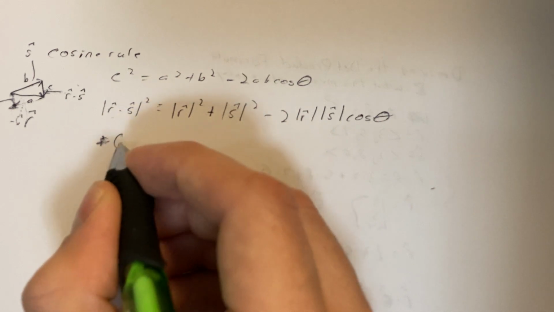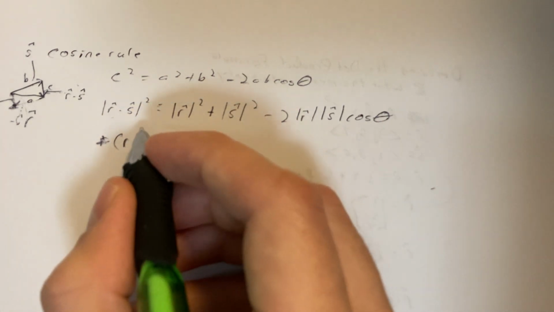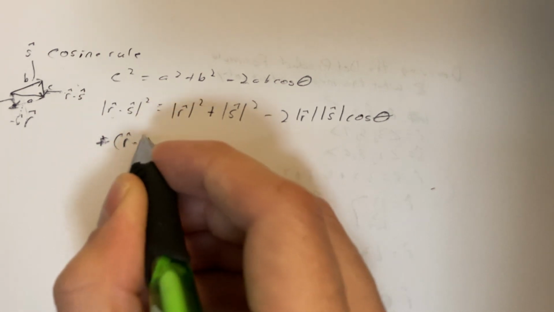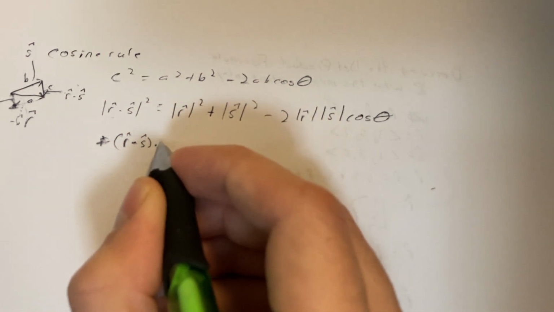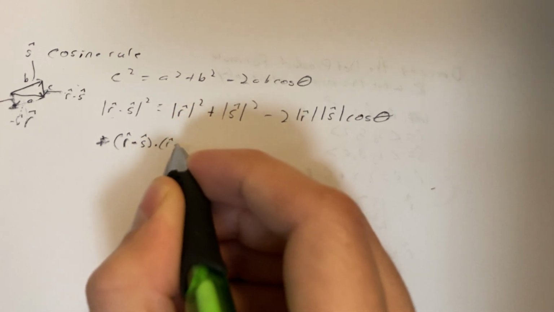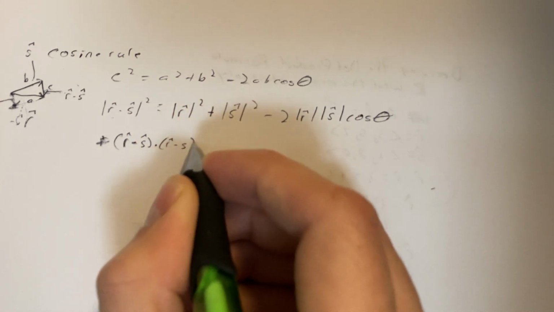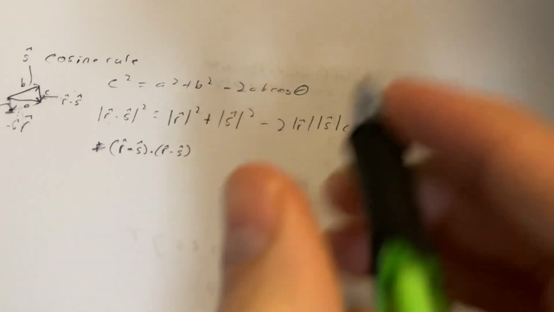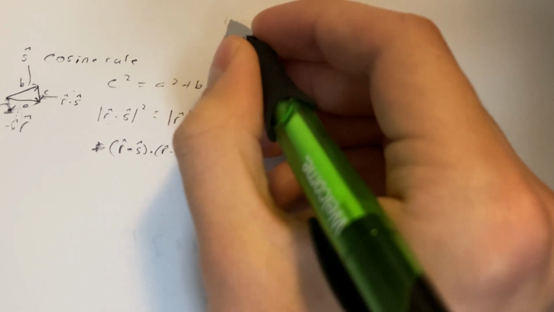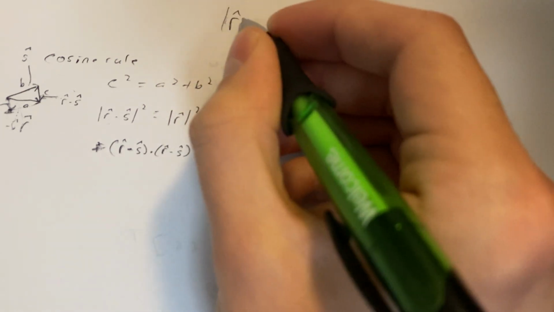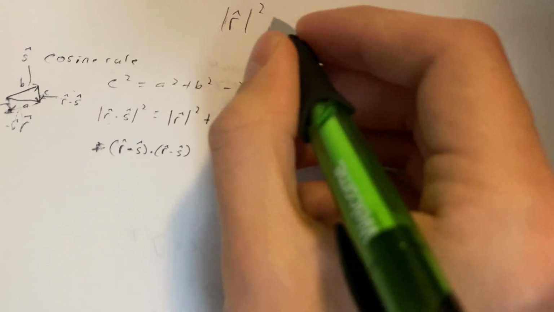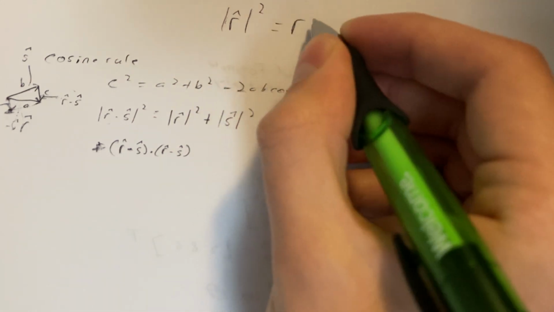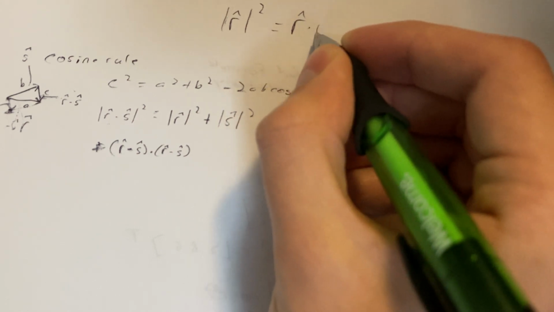Well, first we should know that this is going to be equal to R minus S dot product with itself. And it can be intuitive: if you have just a single vector R and you're taking its modulus squared, aka its length squared, it's just going to be R dot product with itself.